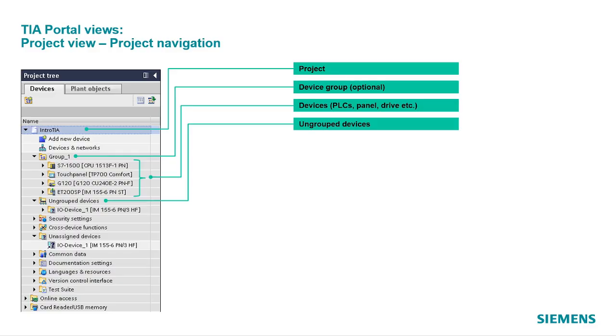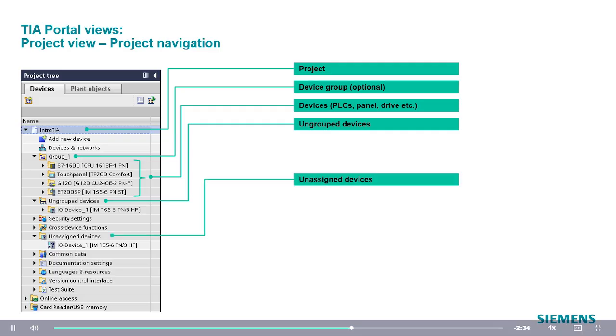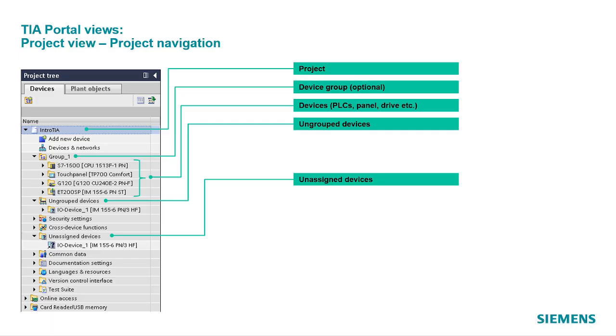Newly added distributed peripherals are stored in the Ungrouped Devices folder and can be moved to the groups you have created yourself. Distributed peripherals, which are not assigned to a distributed I/O module, are displayed as links in the Unassigned Devices folder.